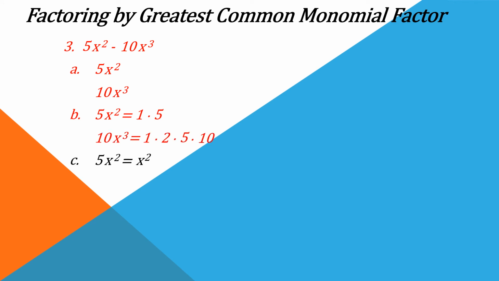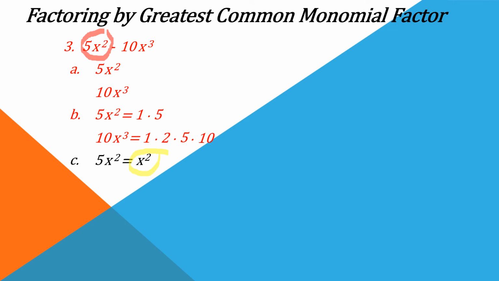Letter C, find the greatest common factor, or the least exponent of the variable. We can find it in 5x squared because the other term is 10x cubed, so our least exponent of the variable is x squared.